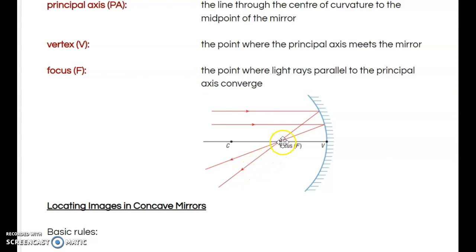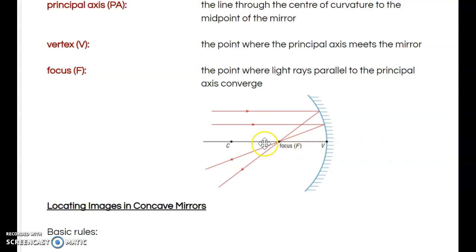I could be really high up above the principal axis and it would hit up here and still bend towards the focus. And that's why it's called a converging mirror, because all of the rays that are coming parallel to the principal axis are going to pass through the focus. The focus is really just half of the center of curvature. So if my center of curvature was, say, 20 centimeters away from the mirror, my focus would therefore be 10 centimeters.